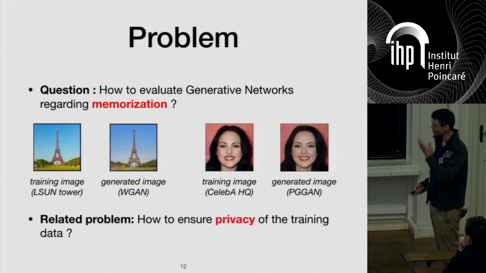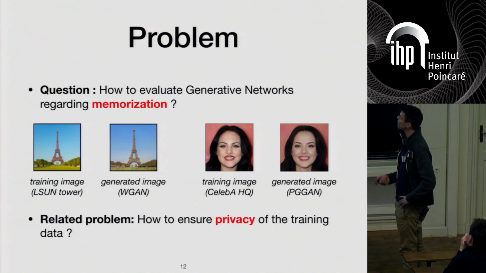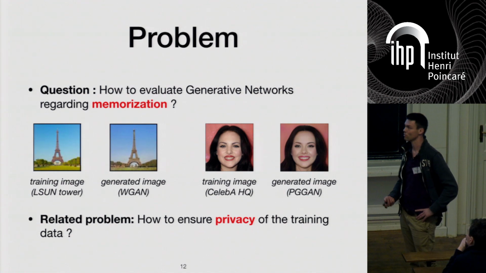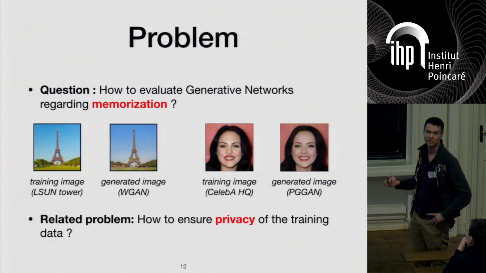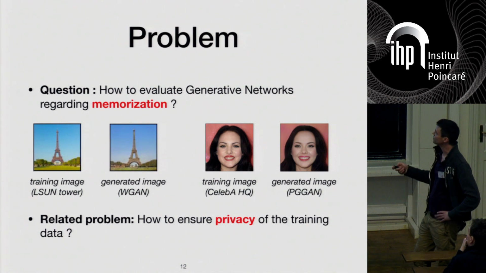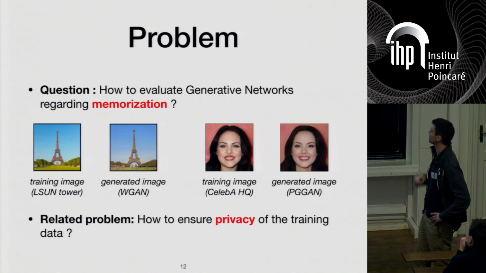So the problem I would like to address in this talk is the following one. I would like to assess the quality of generative networks, but regarding the problem of memorization, of overfitting. Okay. So just to give you an idea, these are two pictures from a training data set, and this is the image I get training a DCGAN, a Wasserstein GAN, or a Progressive GAN.